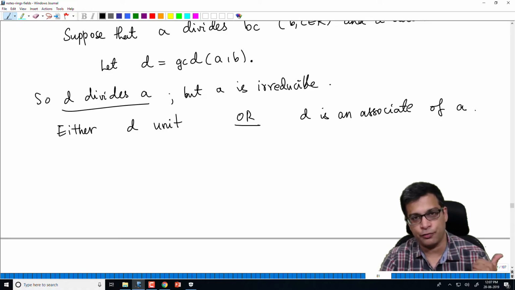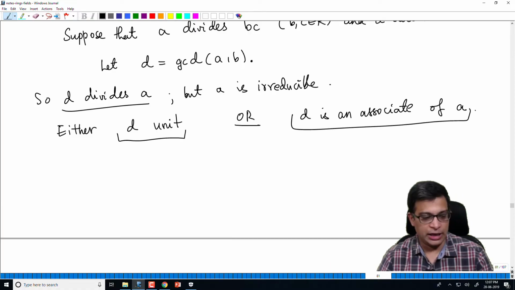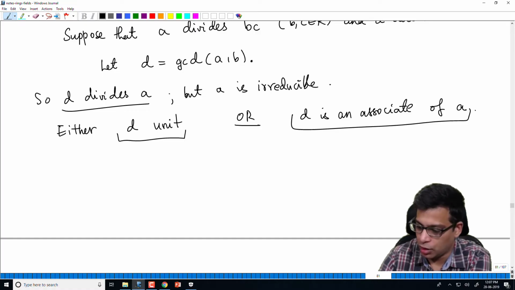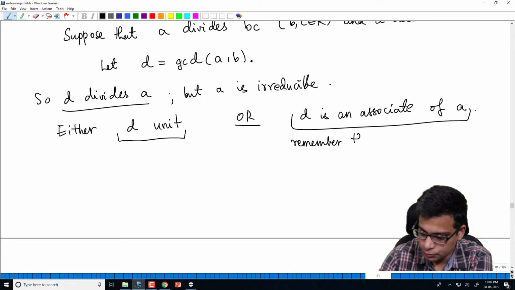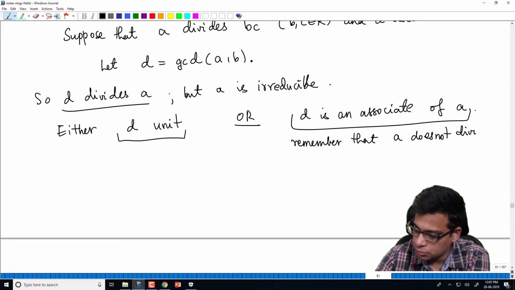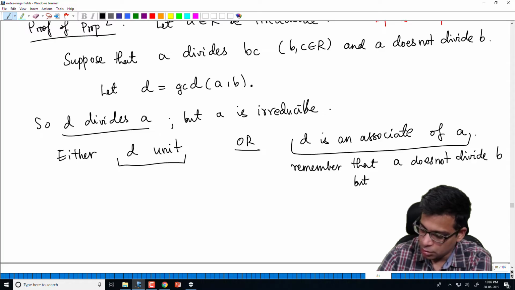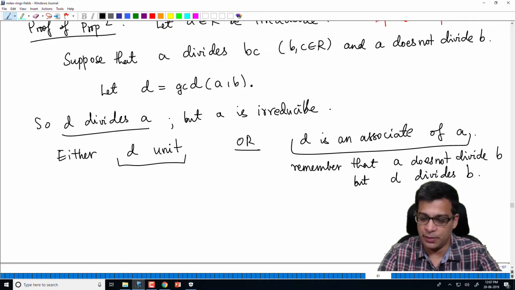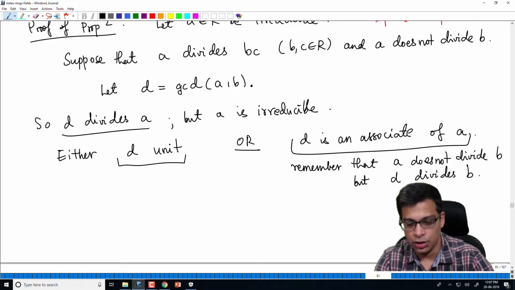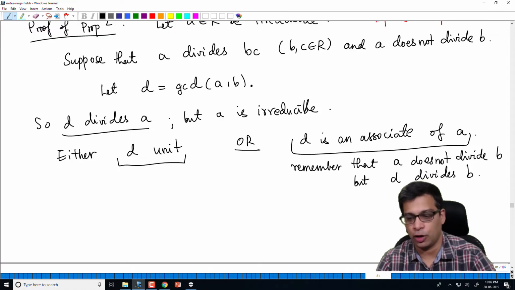In other words, it fails to be proper either because it's a unit or because it's an associate of A. I claim that the second case cannot occur, because remember that A does not divide B. I am assuming that A does not divide B, but D divides B, because D is a GCD of A and B. So D divides B, A does not divide B, so A and B cannot be associates.